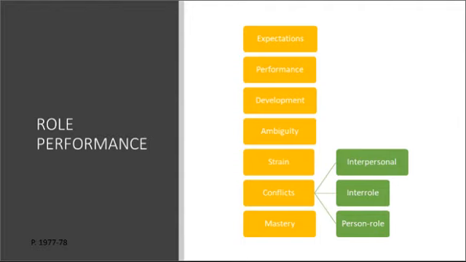Person-role conflict occurs when a person's expectations are in opposition to the values and beliefs of the one who fills the role. That can be very hard, where you're asked to do something that is out of what you believe. Role mastery, behaviors meet or exceed predetermined expectations, which you will be by this time next year.